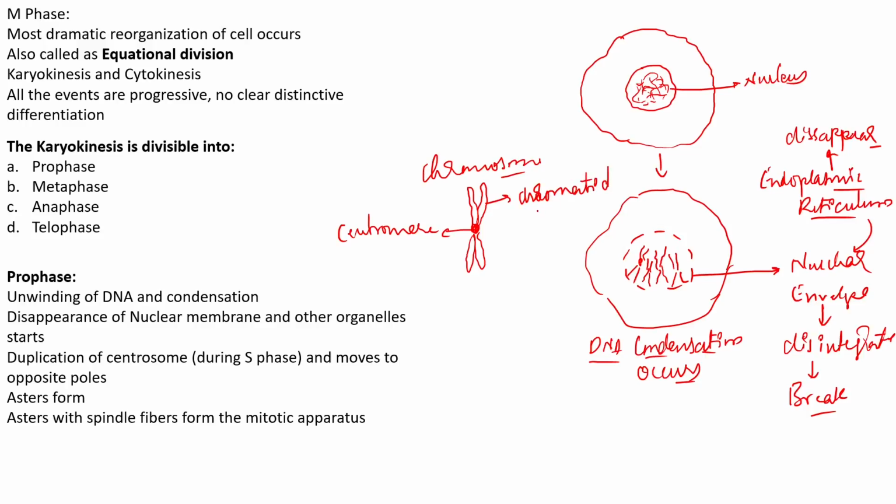Now the centromere also develops one structure above its region, and this thick cup-like structure is called the kinetochore.